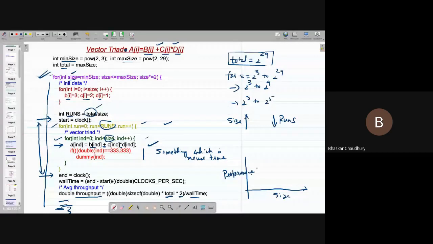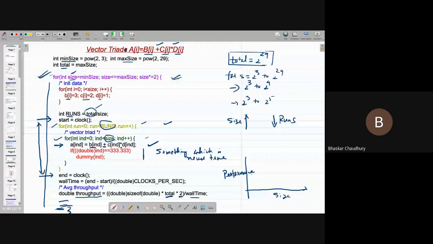Before I go to that question, the number of computations which I'm doing inside this outer loop, whatever number of computations I am doing, is that fixed or not for all sizes? Yes, sir, it is fixed. All of you agree, right?